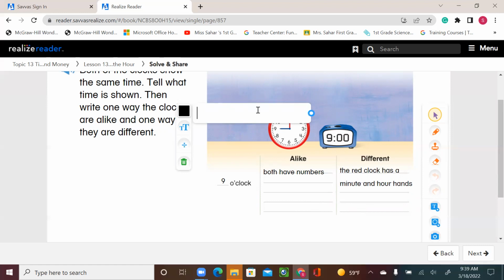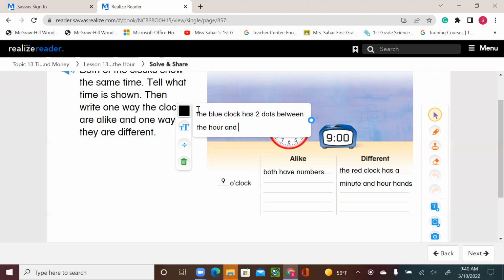But the blue clock has two dots between the hour and the minutes. This is the two small dots between the 9 o'clock and the 0 minutes. So the blue clock has two dots between the hour and the minutes.